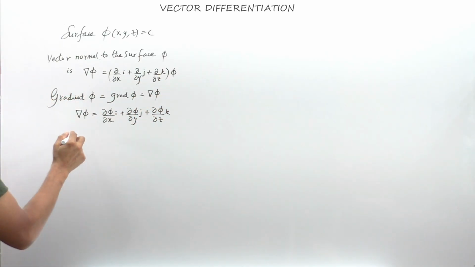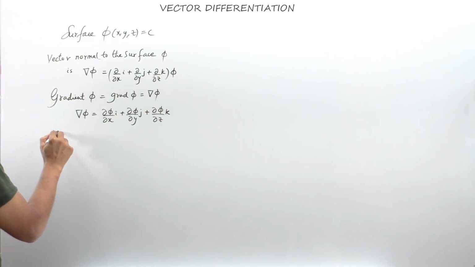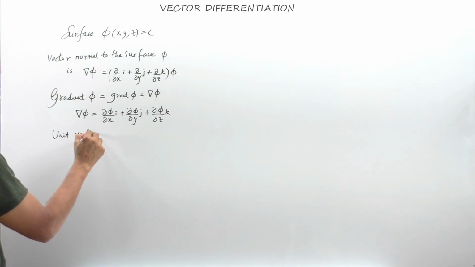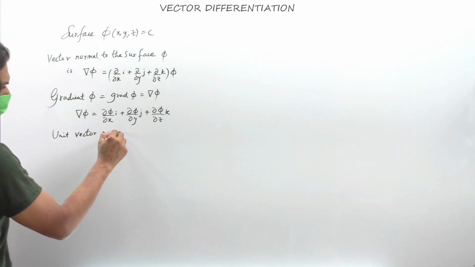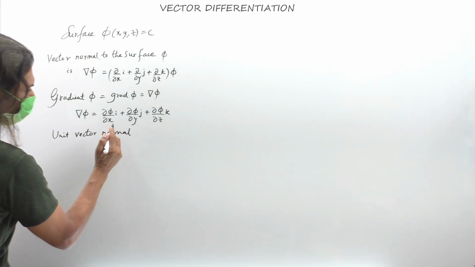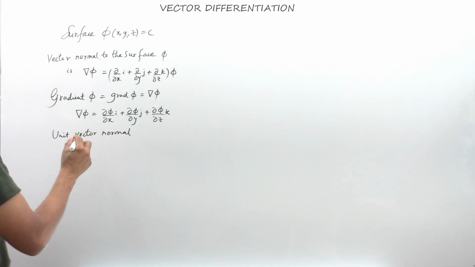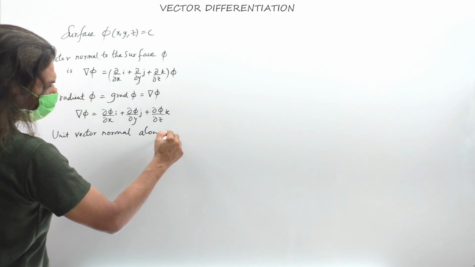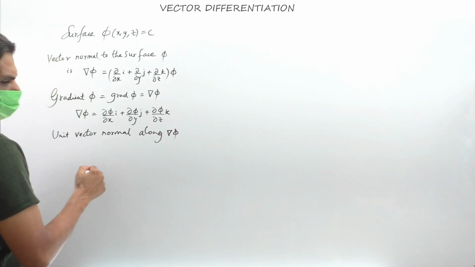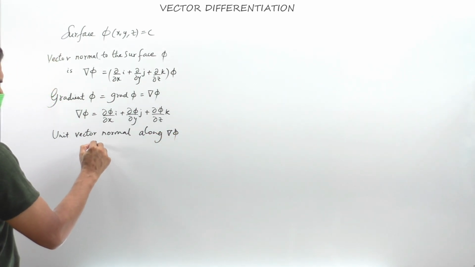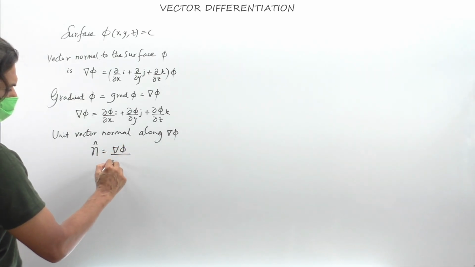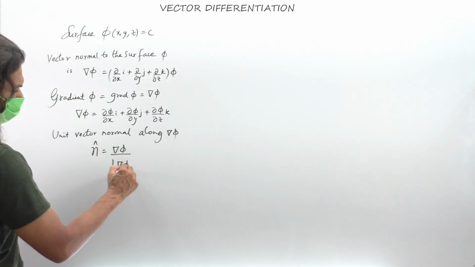Now the unit vector, the best formula is: the unit vector normal along this del phi is given as n cap is equal to del phi by modulus of del phi.